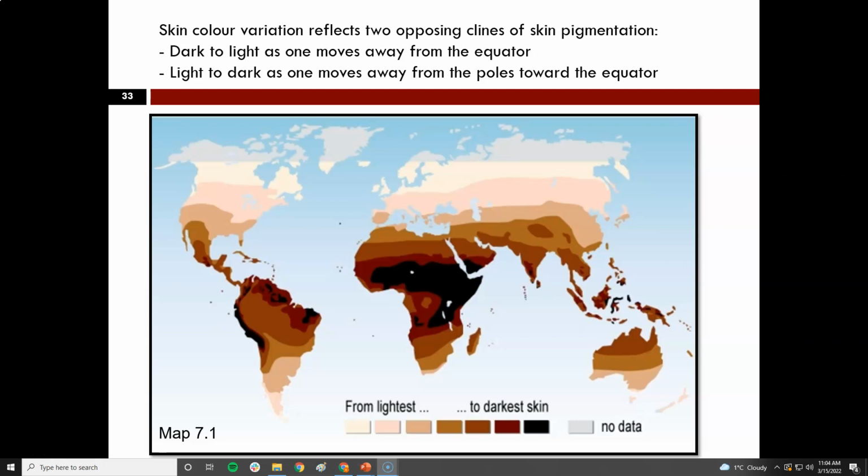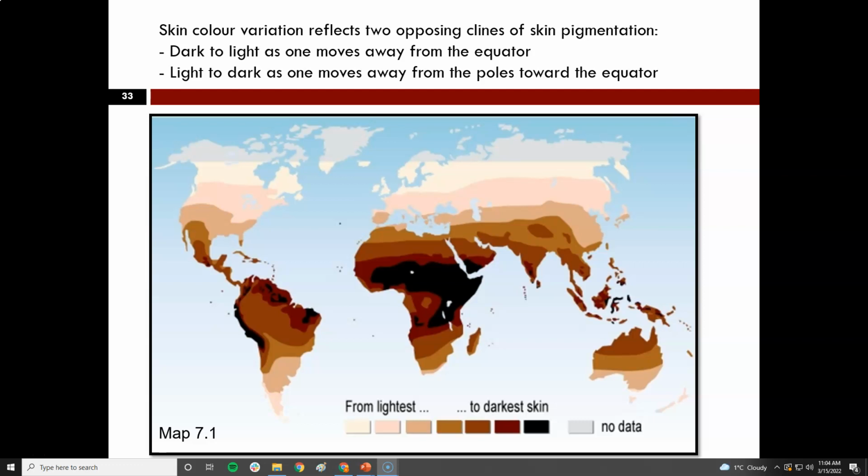It's because it determines essentially how much UV we are exposed to, and our skin color, and particularly the production of melanin in the skin, increases our sun protection factor. The more melanin you have, the higher your sun protector or SPF factor is. So people with darker skin can have an SPF factor between 10 to 15, and people with light skin have an SPF factor of 2 to 3.